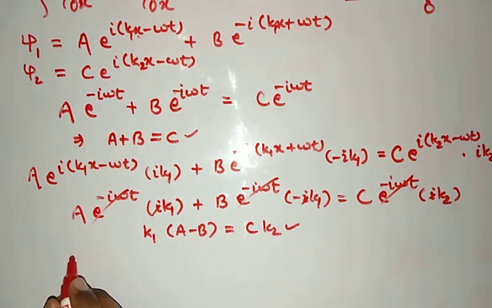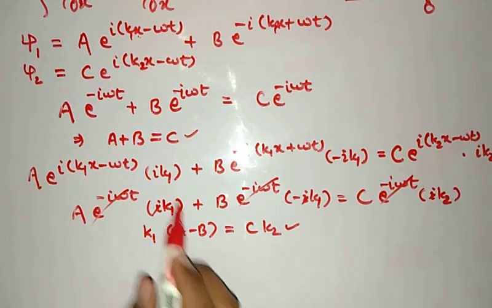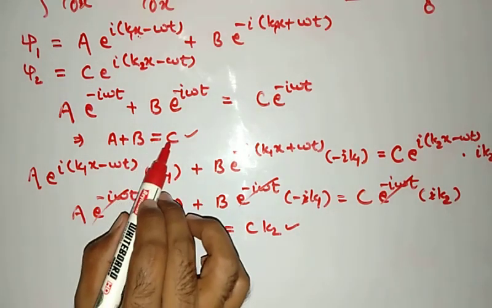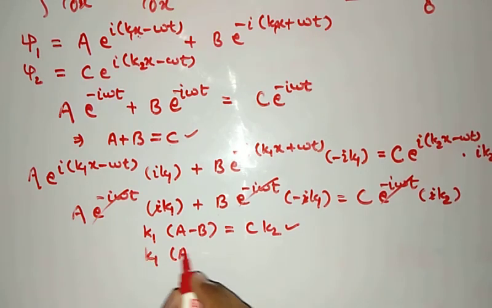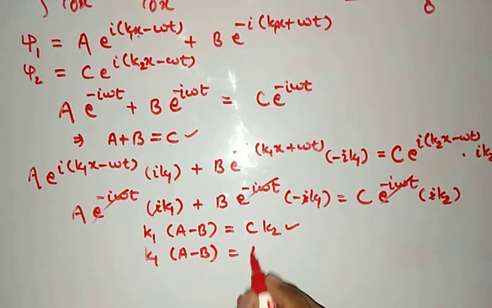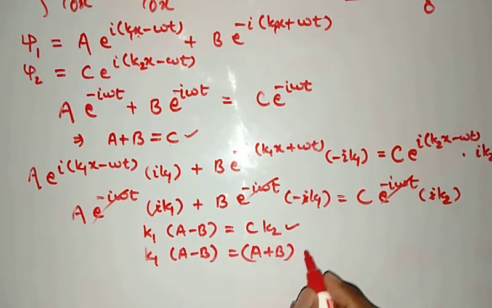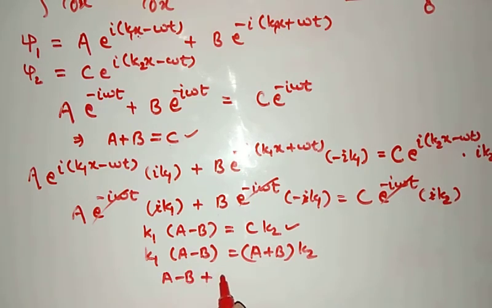Now find out from here the value of C, A plus B. So put here A plus B, k2, A minus B, so (A plus B) by (A minus B) is equal to k2 by k1.